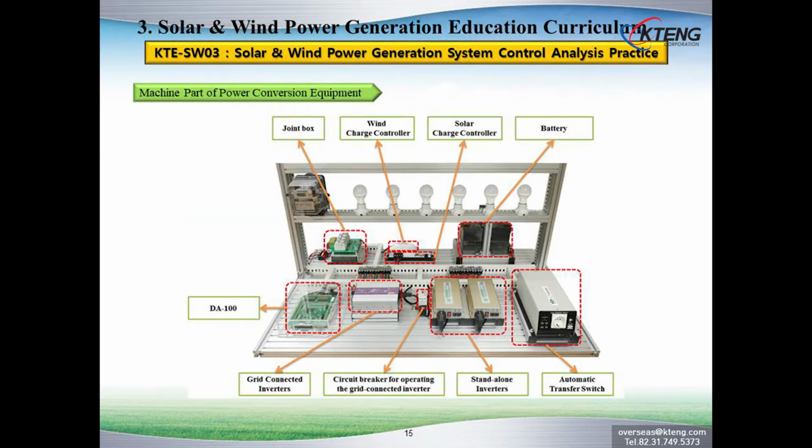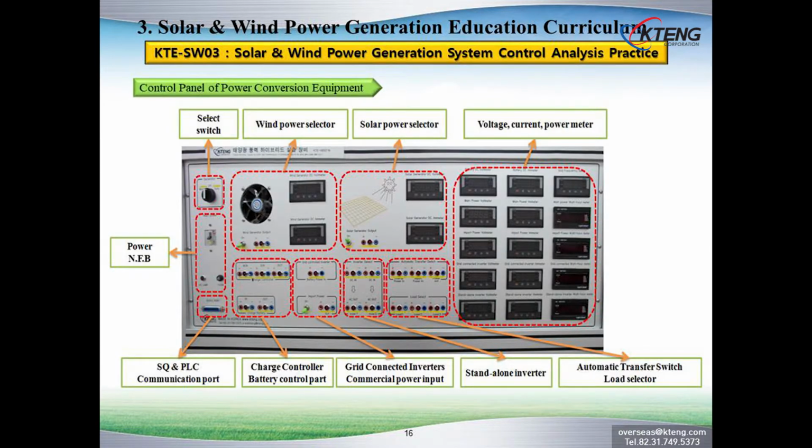In the machine part of the power conversion equipment, trainees are able to see the conversion process of electricity intuitively. Using DA100 software, measurements can be viewed instantly, and the data can be saved and used on a PC. In the control panel of the power conversion equipment, trainees can control the machine part of the power conversion equipment.